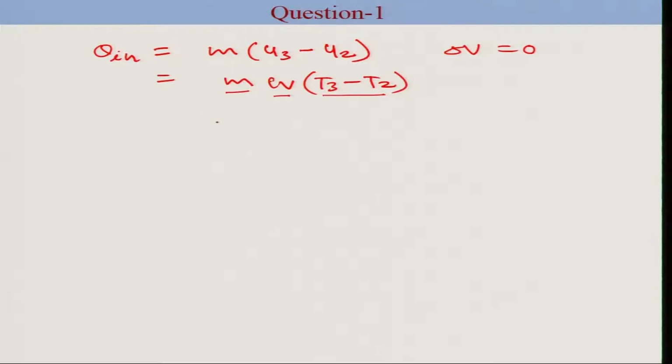Now, from the ideal gas equation, we can get m equal to P1 V1 upon R T1.